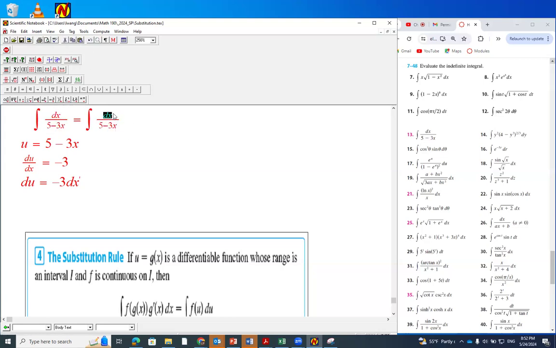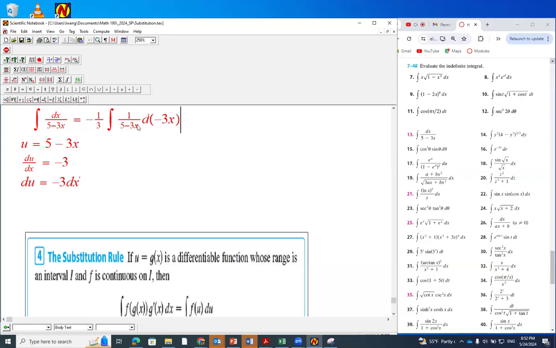I'm going to bring this dx to the side. I need a -3 to go with it, so I can put this here, -3. I multiply by -3, and I need to divide by -3, which is -1/3. This way, the negative sign will be balanced, right?